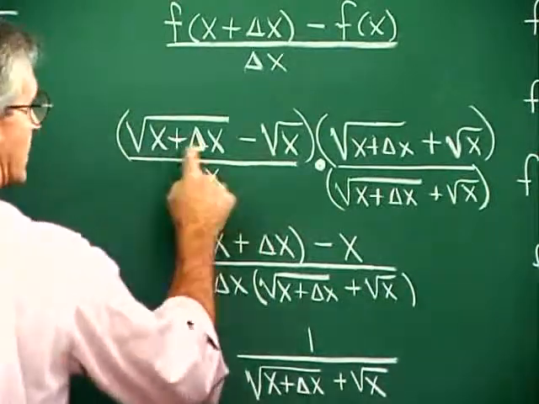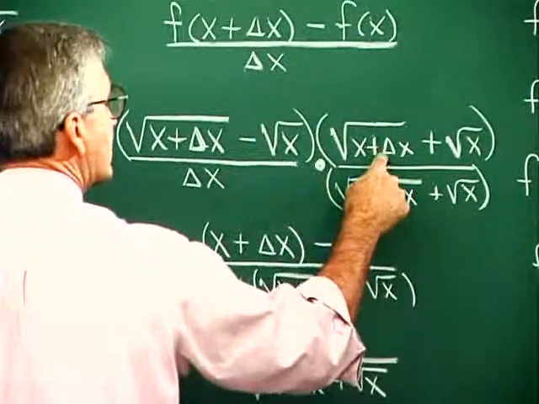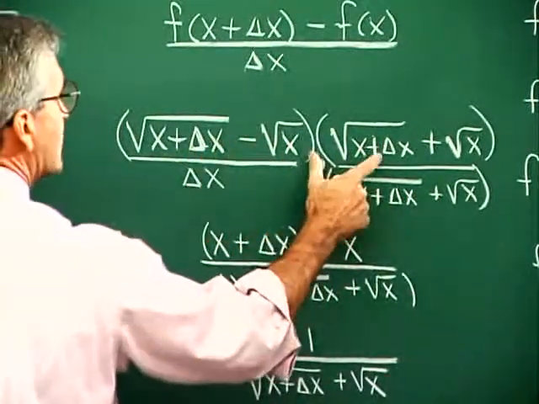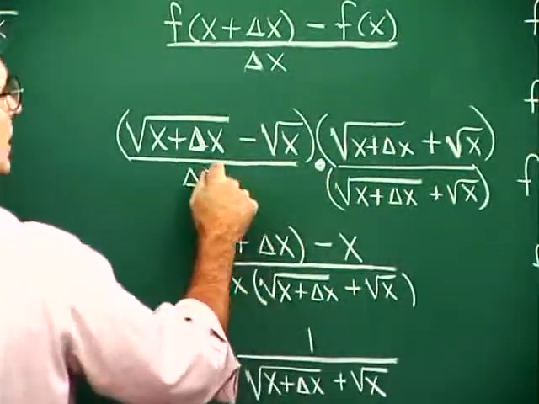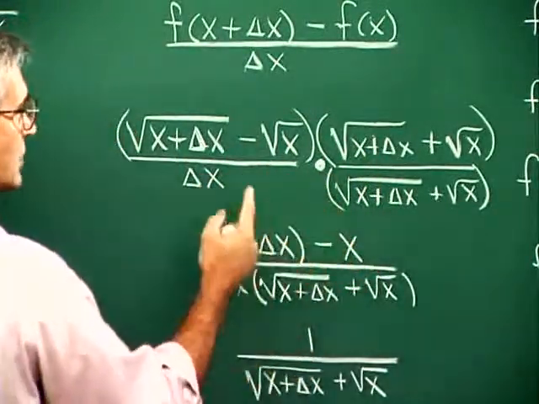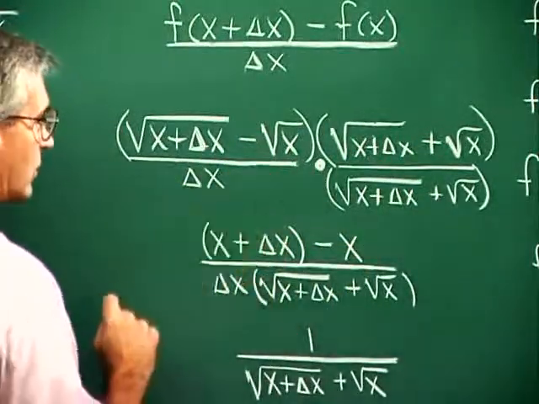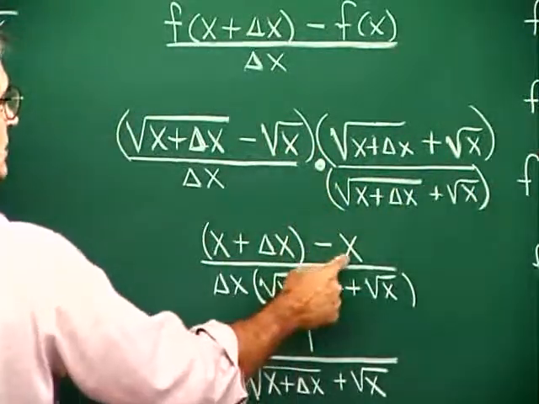So let's see, first term times first term, the square root of this times the square. That's this term squared. When you square a square root, you get the radicand. So I'll bring down the x plus delta x. And then the middle term goes out because we're multiplying the sum of two terms times the difference of the same two terms. Middle term goes out and we have the last term squared. Well, the square root of x squared is simply x.